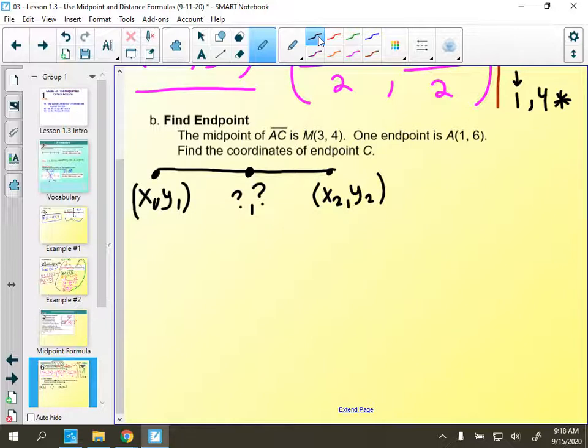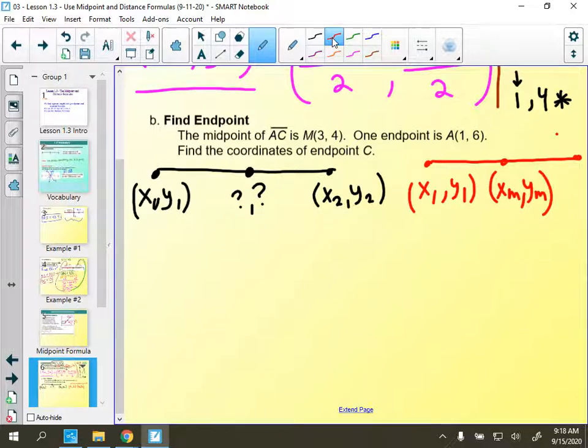What are the coordinates of that midpoint? How this one differs is now we still know one of the endpoints. So x1 and y1 we still know. We know the midpoint. So xm we know, ym we know. What's in question is, what are the coordinates of this point out here?